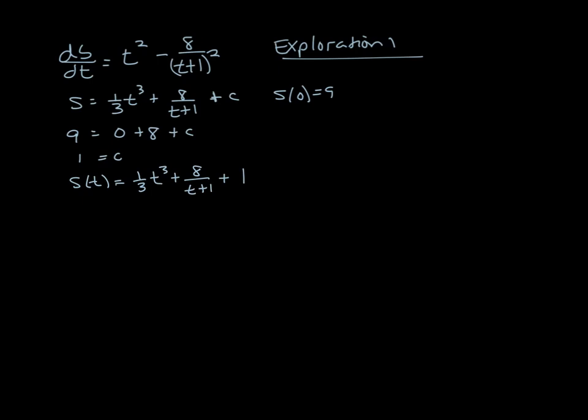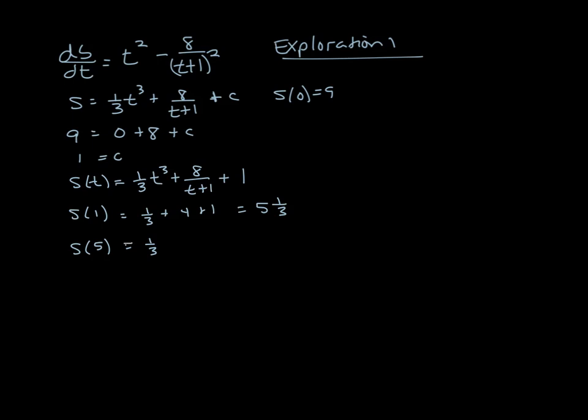And now if we want to find what s of 1 is, we can just plug in a 1. We'll get 1/3 plus 4 plus 1, which is 5 1/3, which is what we got when we did it before.